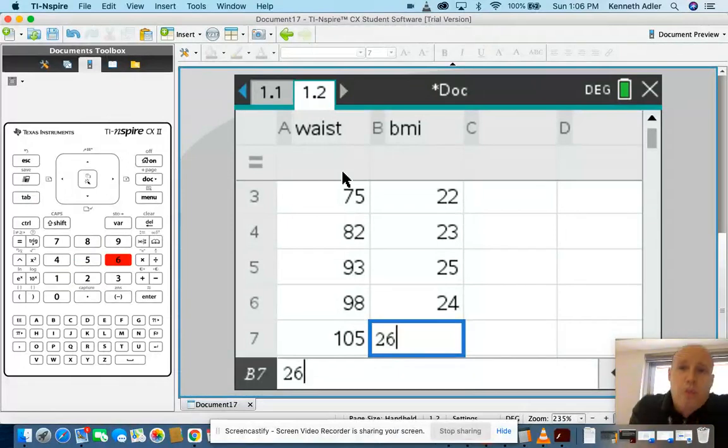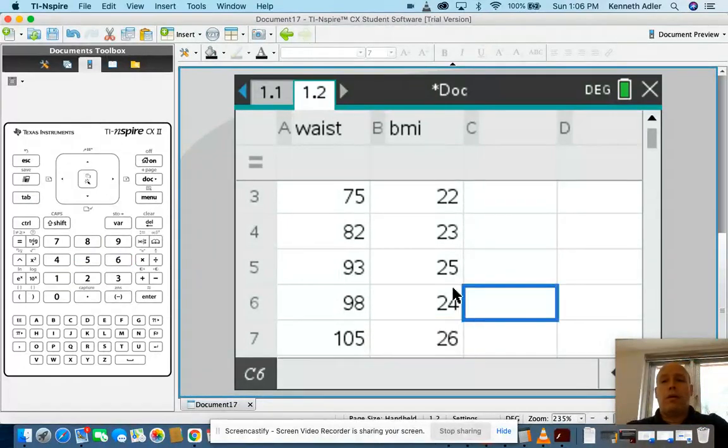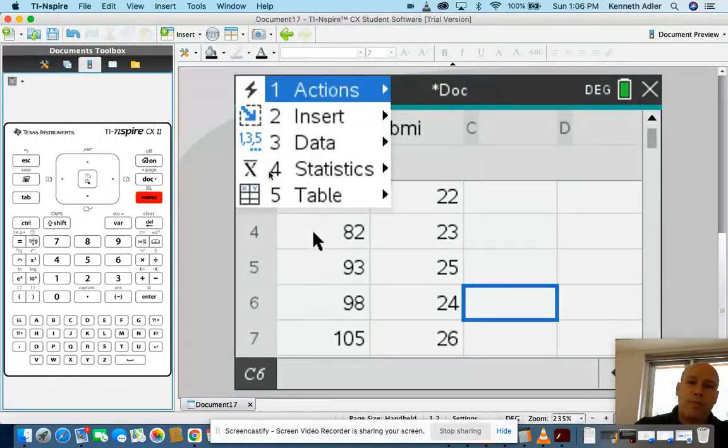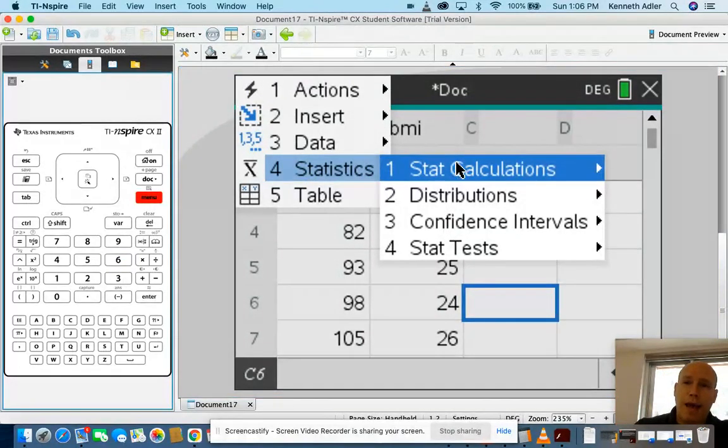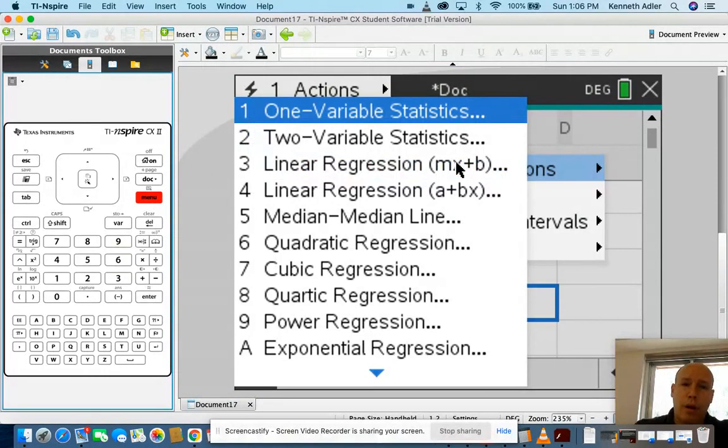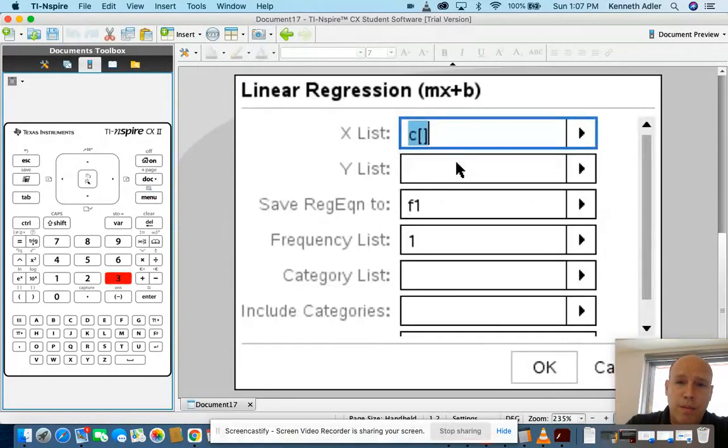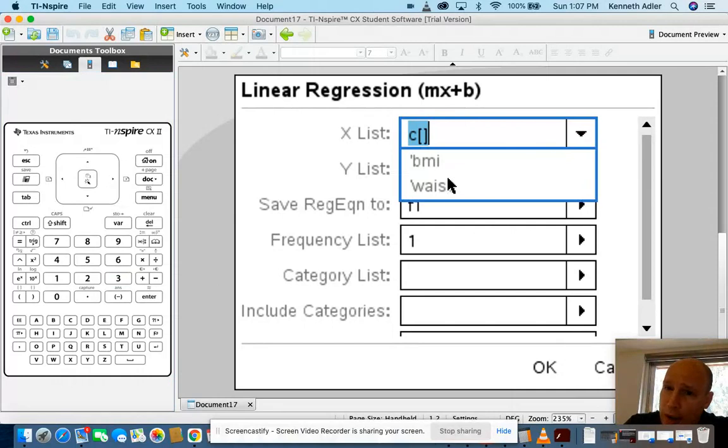Okay, the first thing I want to do is find the regression. So let's do that. Menu, statistics, stat calculations. We want a linear regression, so it kind of looks like MX plus B. That's what they're asking. So number 3, the X list, we know that is waist.